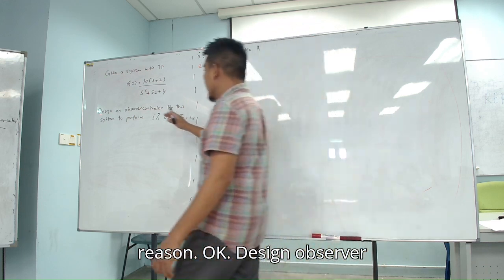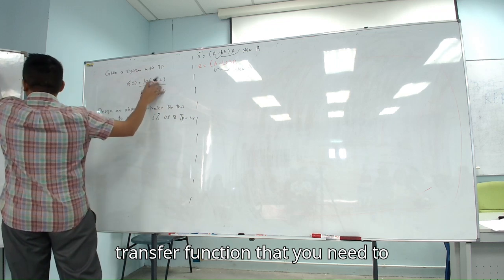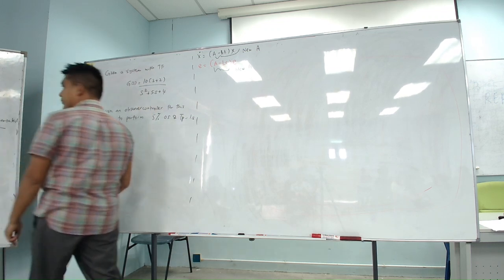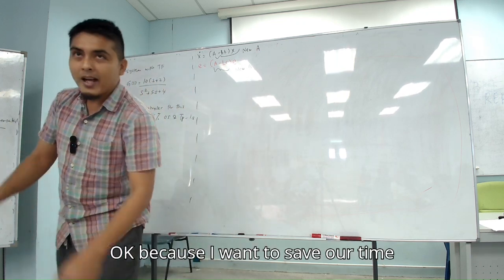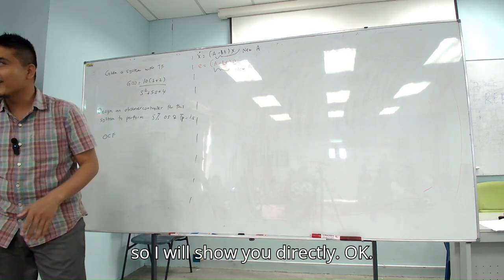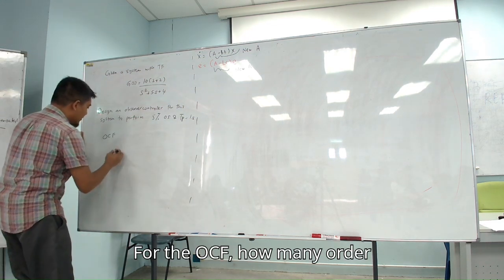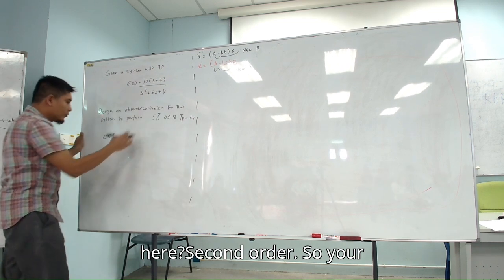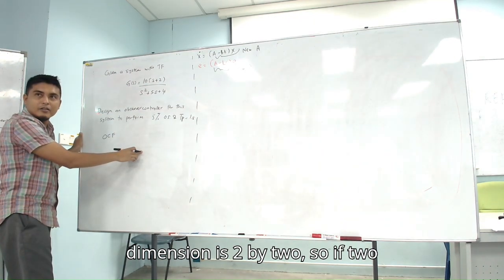Okay. Design observer controller for this. So you have the transfer function, then you need to convert to the OCF. Because I want to save our time, I will show you directly. For the OCF, how many orders are here? Second order. So your matrix dimension is 2 by 2.